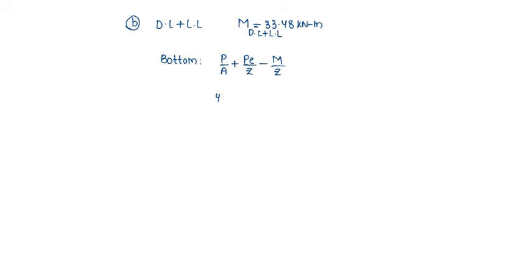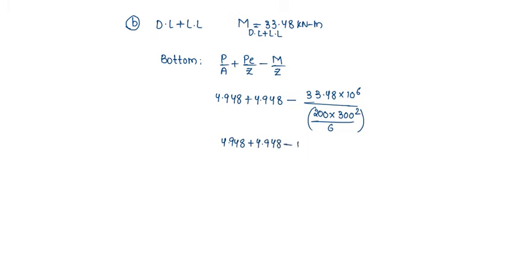Substituting, this value we already got as 4.948, this is also 4.948, minus 33.48 into 10 power 6 in Newton mm by Z, which is 200 into 300 square by 6. So this value will be 4.948 plus 4.948 minus, individually this value is 11.16. So the resultant will be minus 1.264 Newton per mm square.